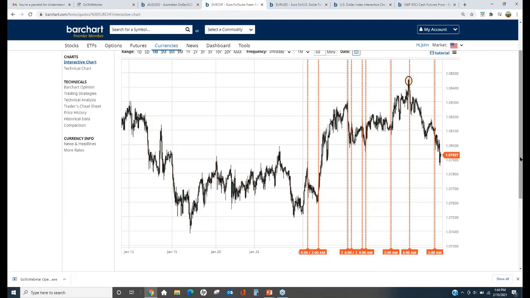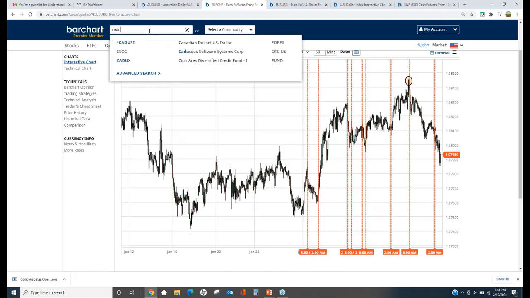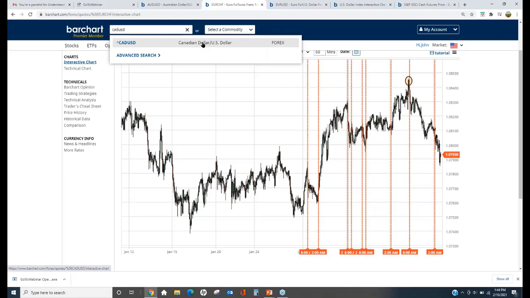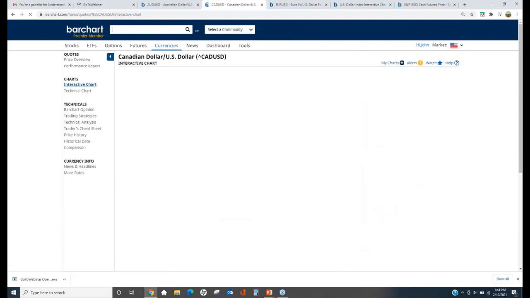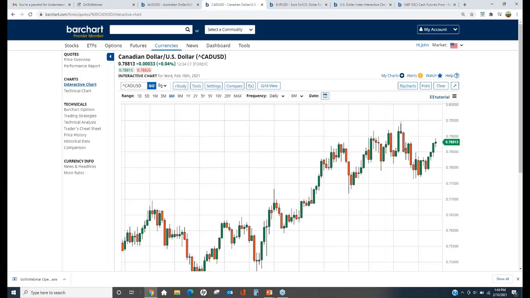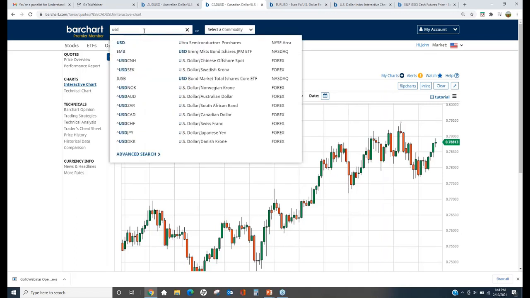Now, let's look at another example, and this will transition to another discussion. Here's the Canadian dollar, US dollar to North American contracts. Let's flip it around. Let's go US dollar, Canadian dollar.